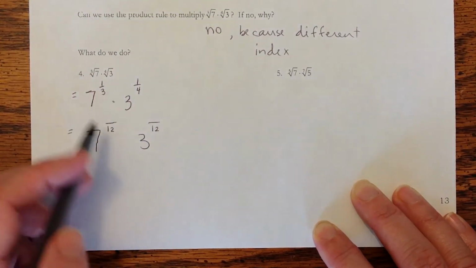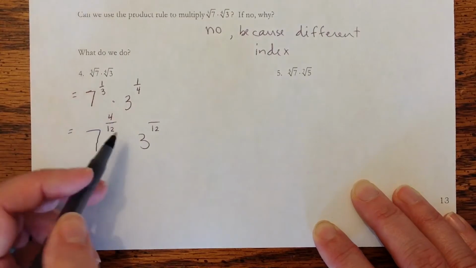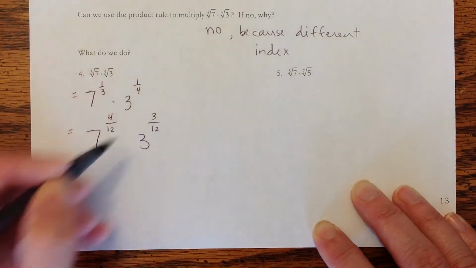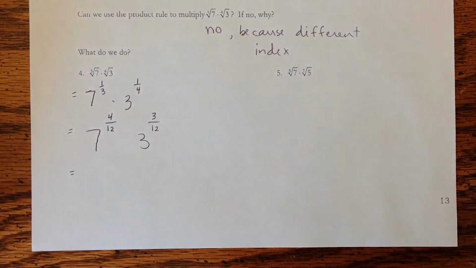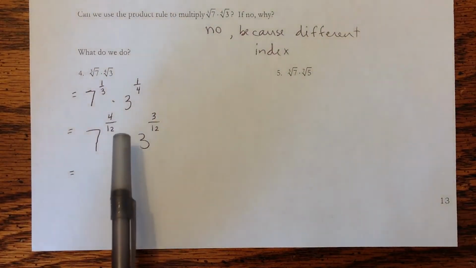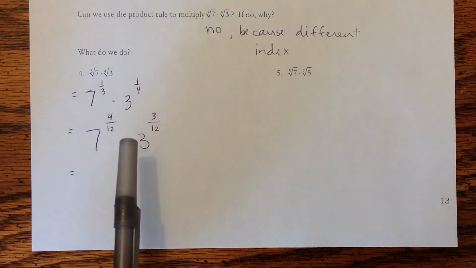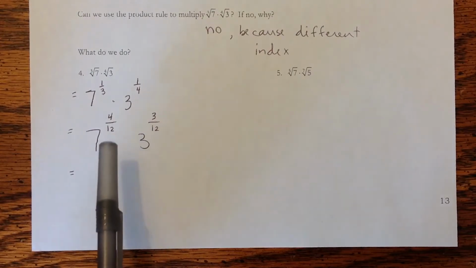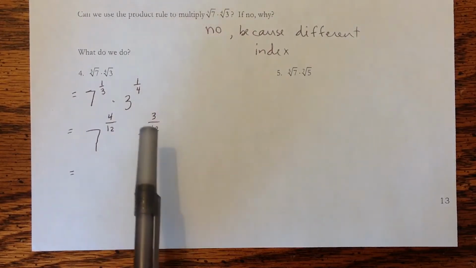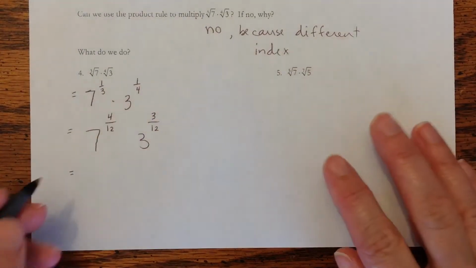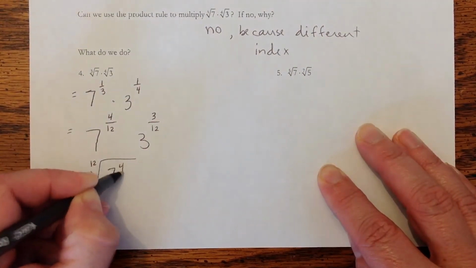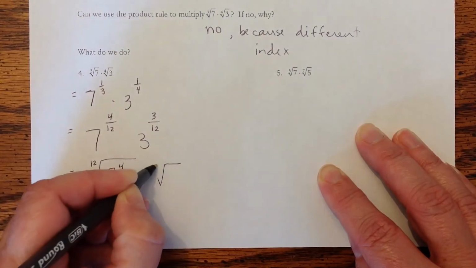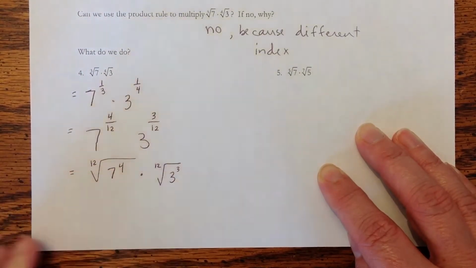So 3 goes into 12 4 times, so this is 4/12, and 4 goes into 12 3 times. So now we have the same denominators, which means that now both of these have the 12th root that could be applied. So we turn them back into roots, so we have the 12th root of 7 to the 4th times the 12th root of 3 to the 3rd.